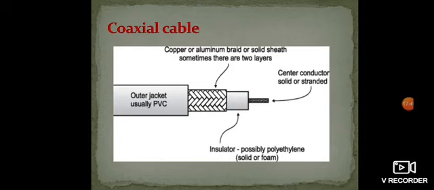In order to protect our original data from interference and avoid any loss to our original signals, we use the coaxial cable.